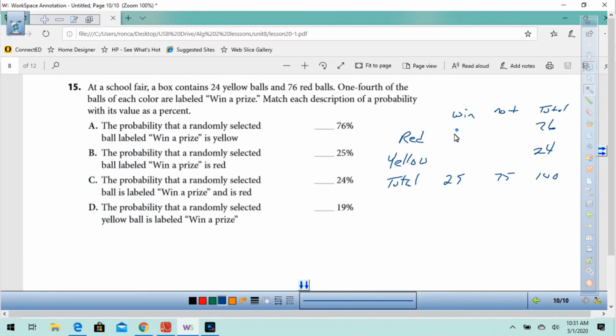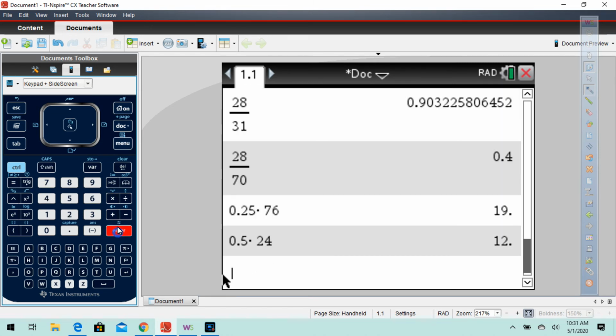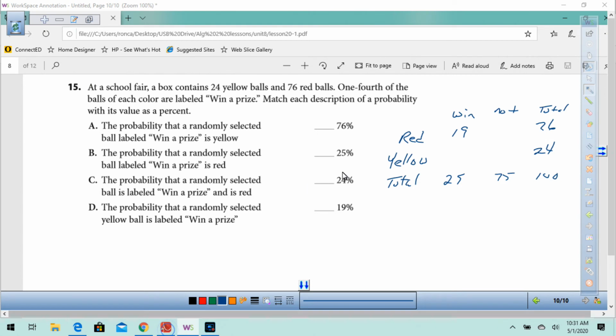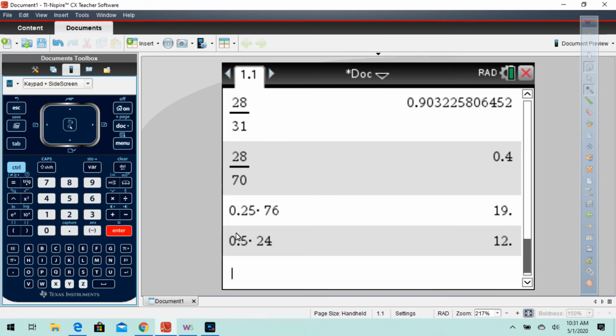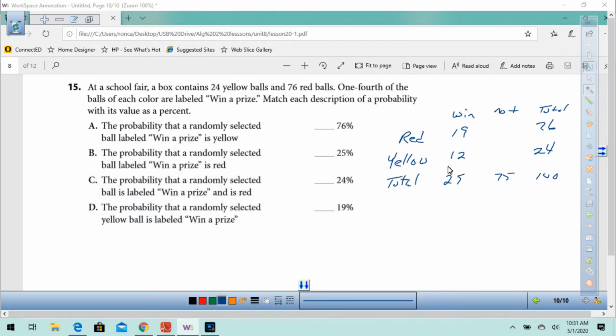So we got 19 win. Then 0.25 times 24. That's 12. Did I do that right? Oh, I did not. 0.25 times 24 is 6. That looks better.